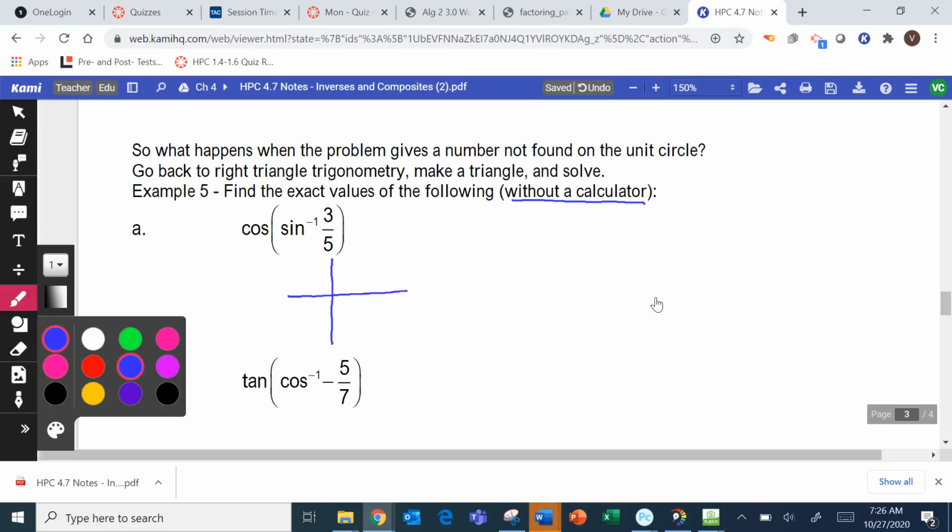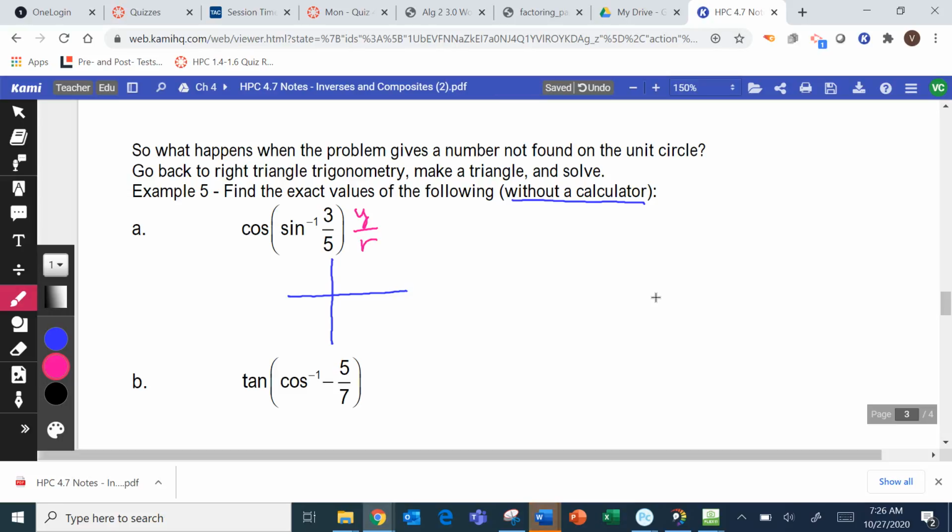So if I look at 3 over 5 being y over r, then my y value would be 3, and my radius would be 5. And because we have sine inverse, we're going to be using those domain restrictions that go from negative pi over 2 to positive pi over 2.